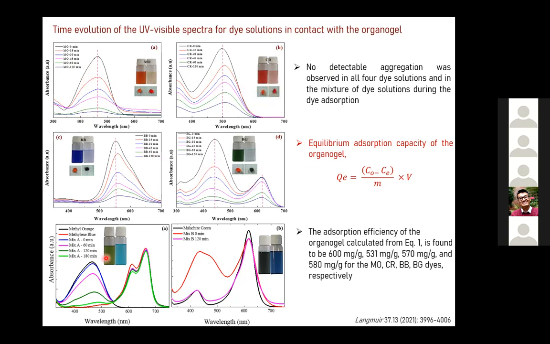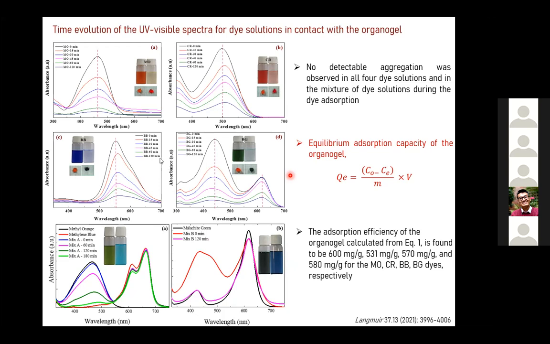And this is for the mixture of methyl orange and methylene blue. And here we end up with only the methylene blue. And this is for malachite green and the other dyes. And here also we end up with this. So this gel is specific to anions.